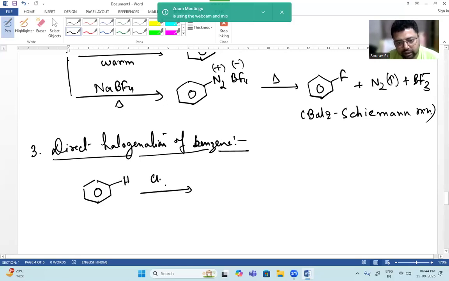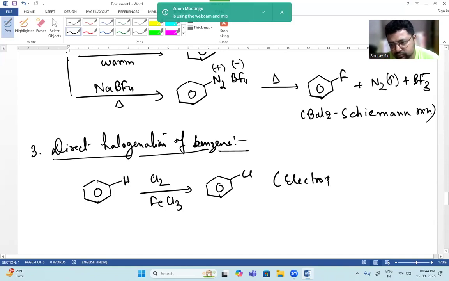We will use Cl2 in presence of FeCl3. These are the reactions that we have learned in electrophilic substitution reactions.